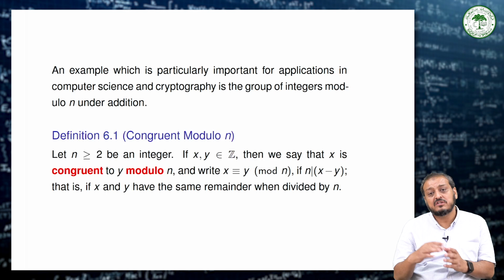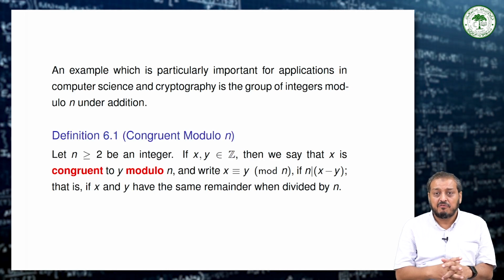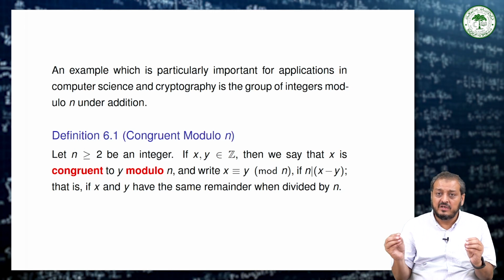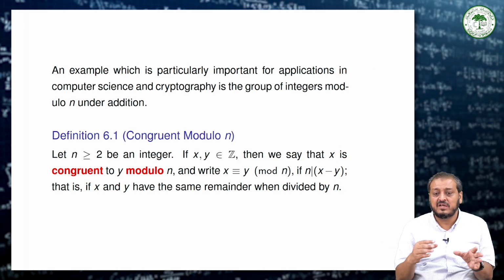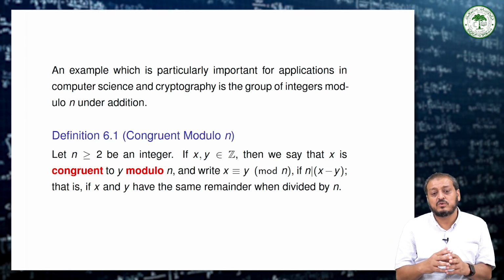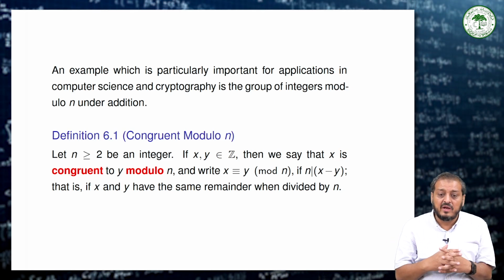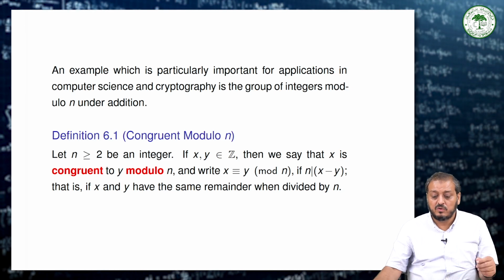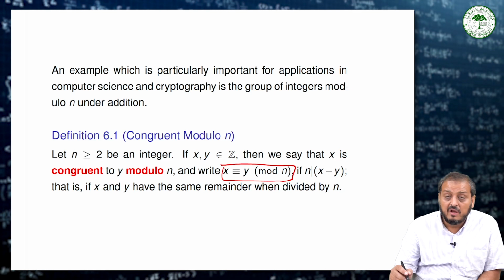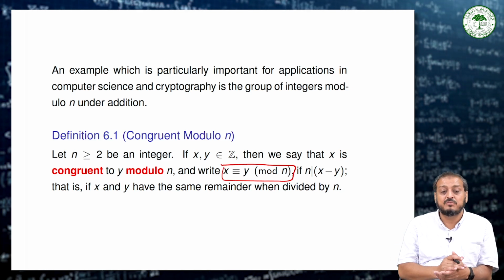The first definition is congruence modulo n. For n greater than or equal to 2 an integer, if x and y are elements of Z, then we say that x is congruent to y modulo n, and we write it in this way, if n divides x minus y.